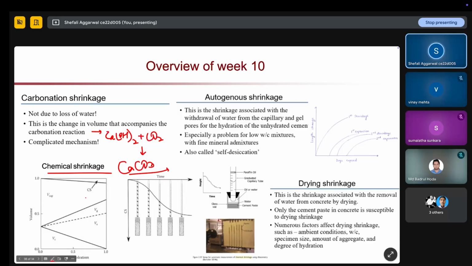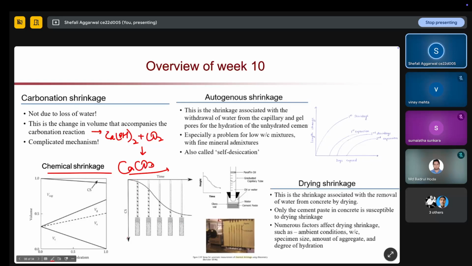Due to the hydration products forming, the hydration product volume is much less as compared to the volume before hydration. So when hydration takes place, your volume will start decreasing.